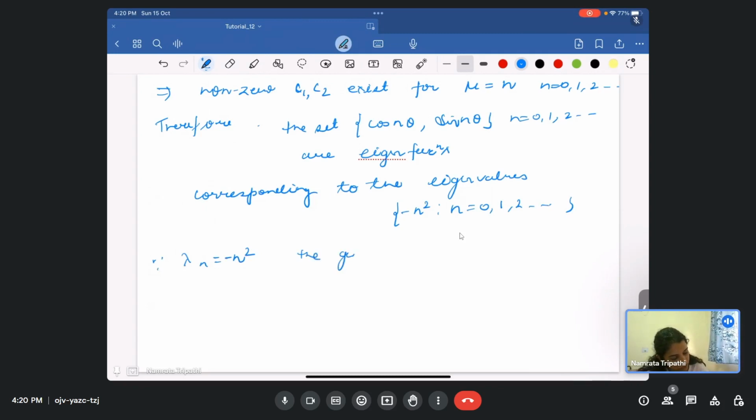The general solution for the problem r square R double dash plus r R dash, I am substituting the value of lambda here.